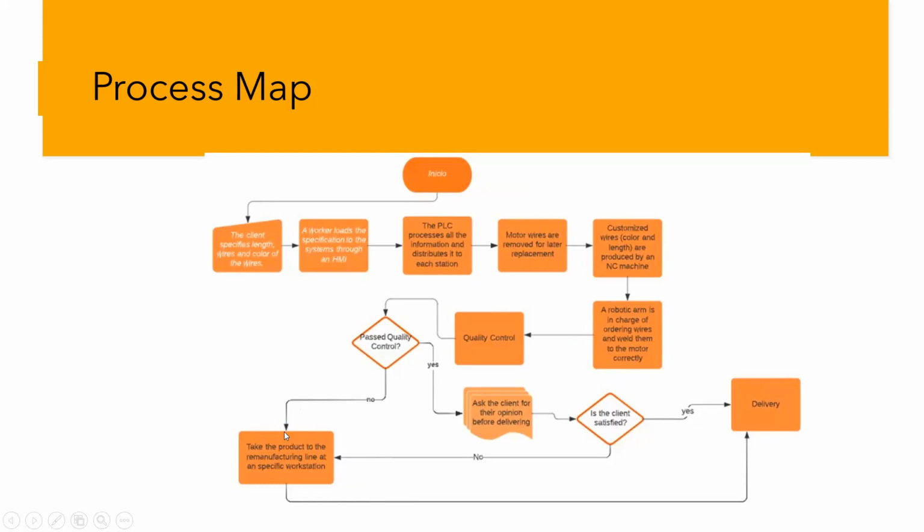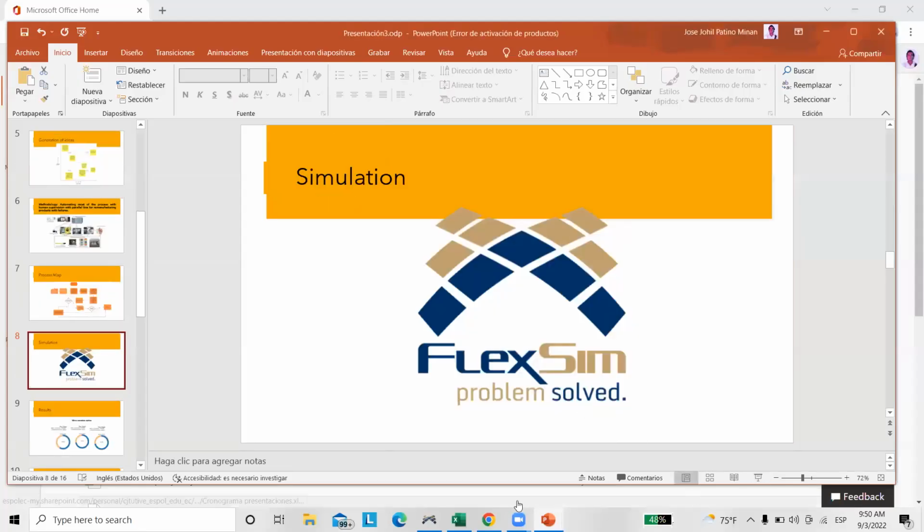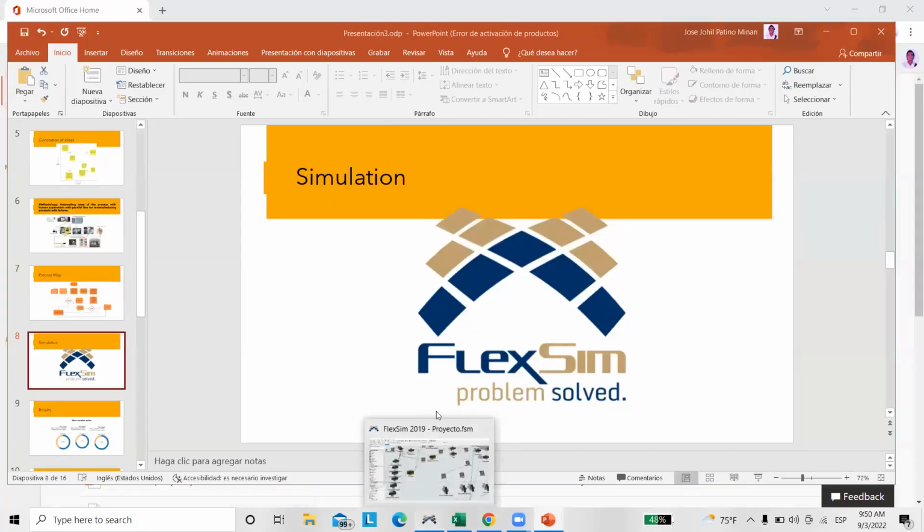After the remanufacturing stage, we will pass it again to the client to see if he's satisfied, and after everything is validated, it will be delivered to the client. Well, now I'm going to present the simulation, and my partner will explain it.